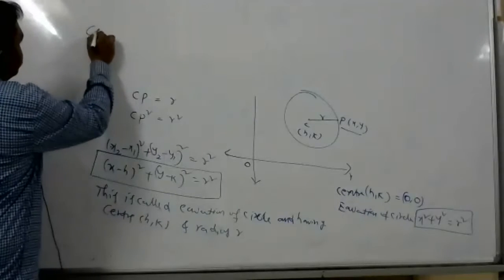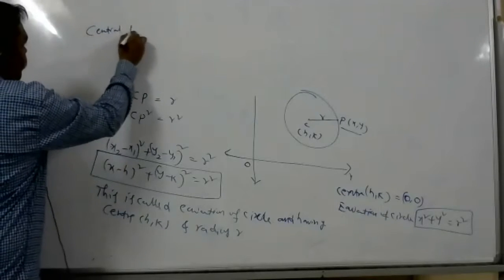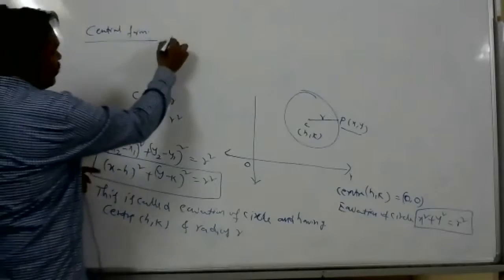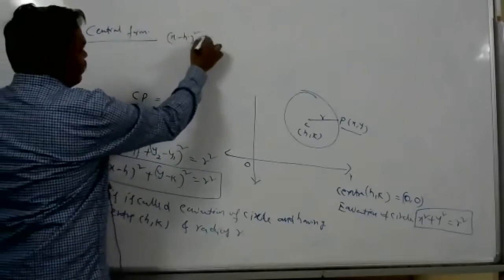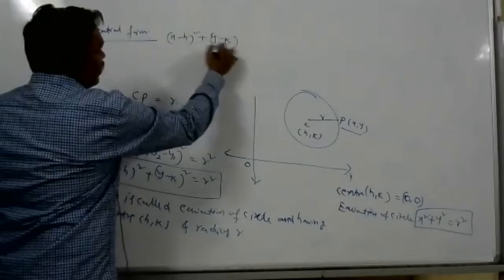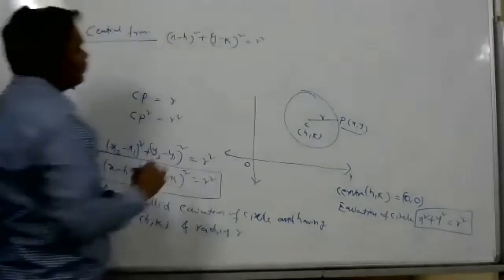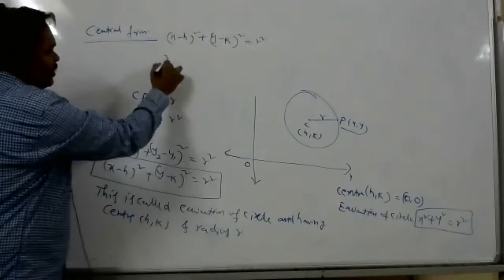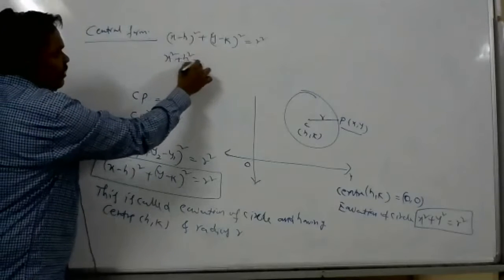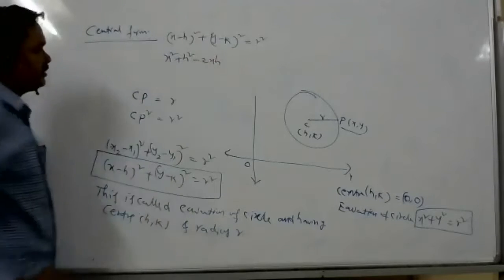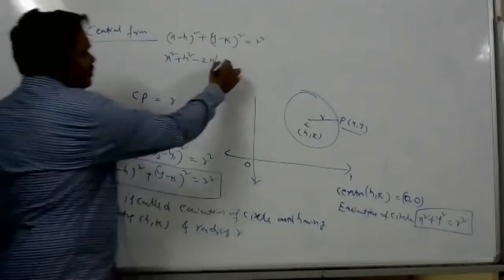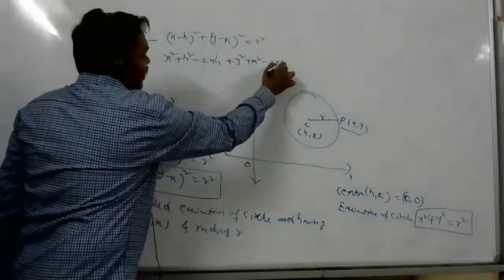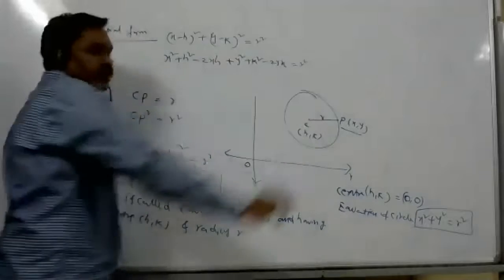Central form: x minus h whole square plus y minus k whole square is equal to r square. Expand. X minus h whole square gives x square plus h square minus 2xh, plus y square plus k square minus 2yk is equal to r square.